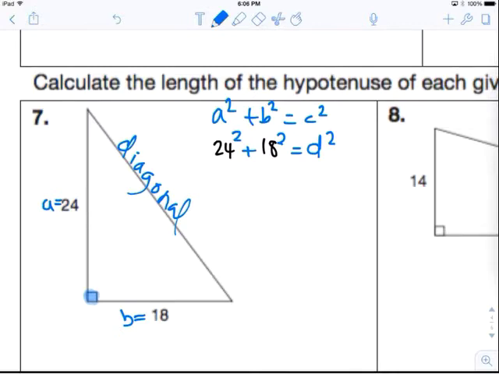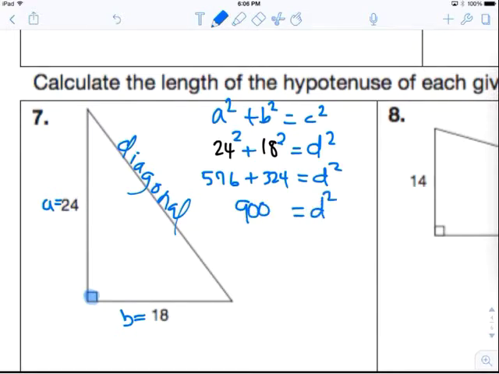Okay, 24 times 24, or 24 squared, is 576, plus 18 times 18, which is 324. Add them all up, you get D squared equals 900. 900 is a perfect square.